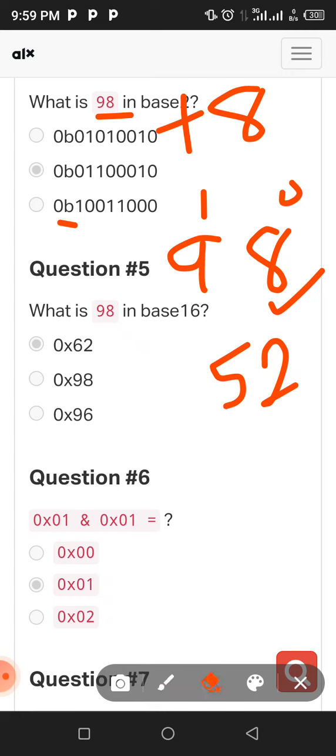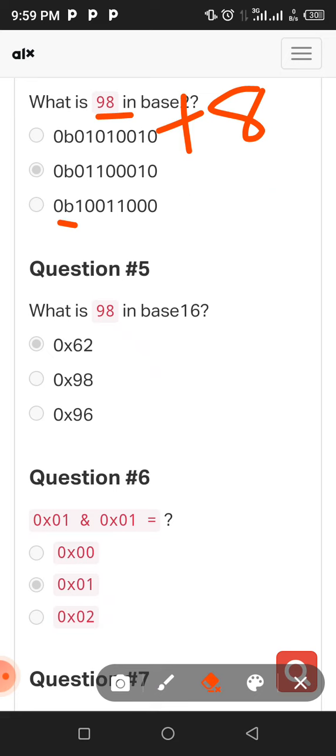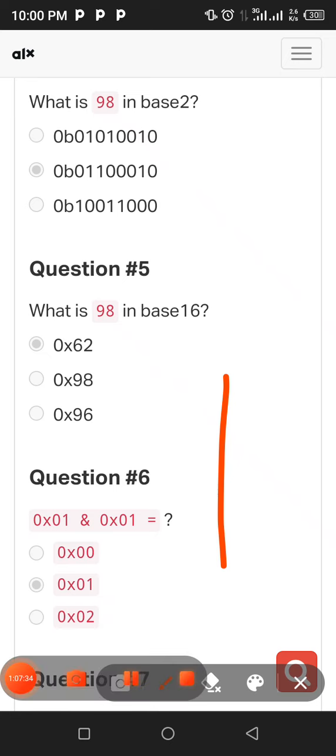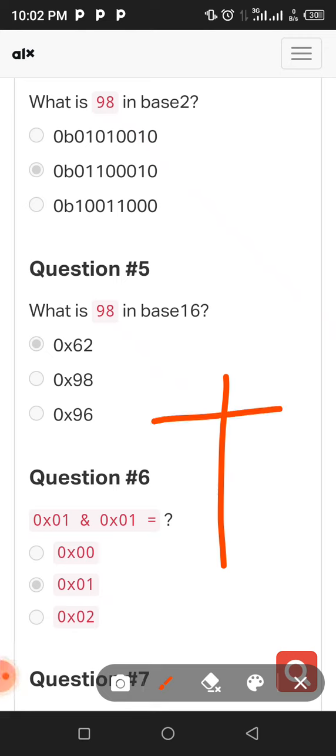I'm converting base 10 to 16, which is very simple. What we just need to do is divide. Because we are converting from base 10 to any base, we use this cross sign. Please don't forget.